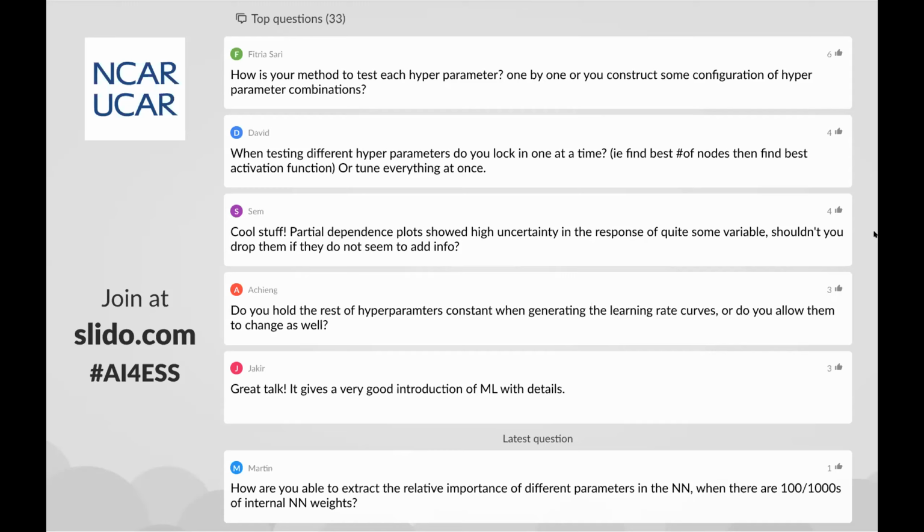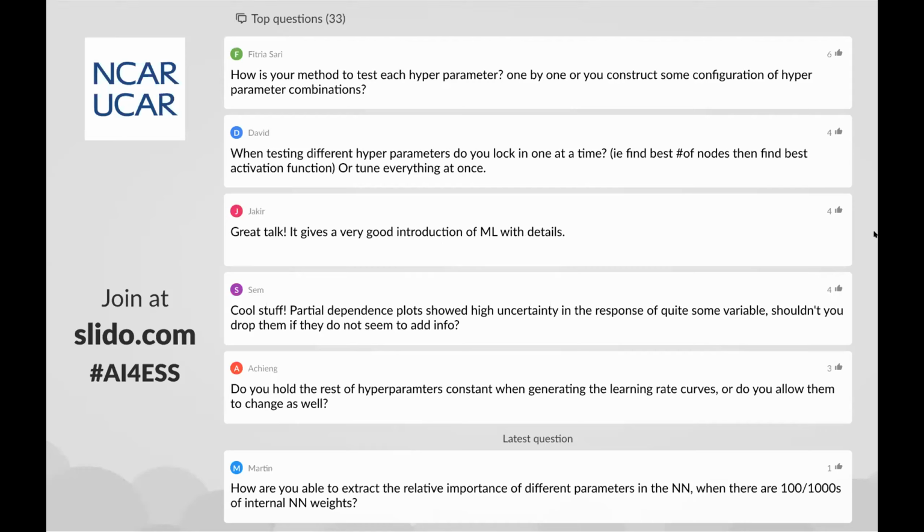Okay, next question is from Fitria. Is your method to test each hyperparameter one by one, or do you construct some configurations of hyperparameter combinations? Kind of both. And again, if I do this again, I might do it differently. What I found helpful was to start by testing each hyperparameter one by one, testing different neural network configurations.